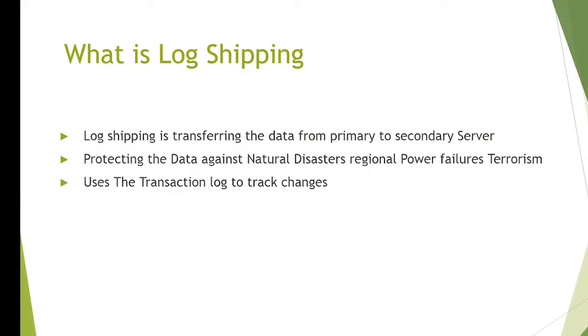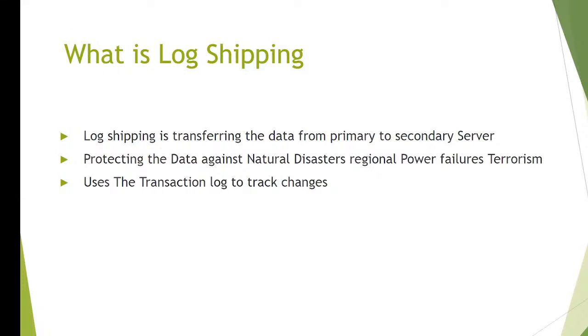What is log shipping? As I said, log shipping is to transfer data from a primary to a secondary. It protects your data from natural disasters like power failure, or any other disaster like a storage failure.